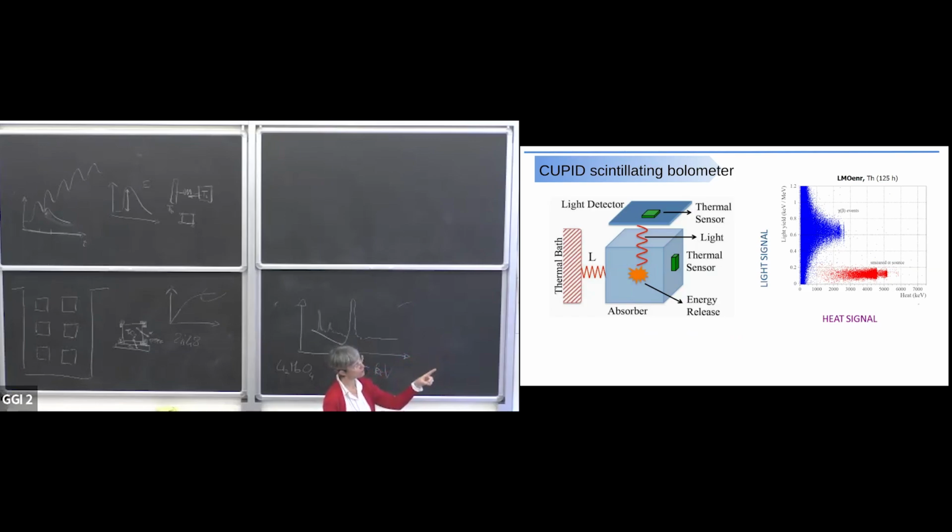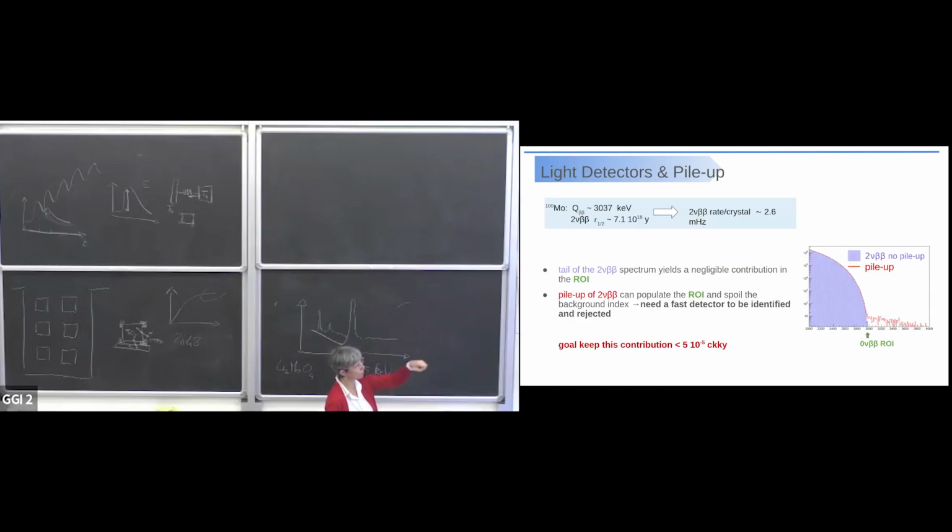And therefore, we are working on a new device where we also add an electrode on the light detector to drift carriers when you have ionization after the interaction of the photon, in order to amplify the signal and improve the signal to noise ratio in order to be able to reject the 2 neutrino background that we discussed yesterday.